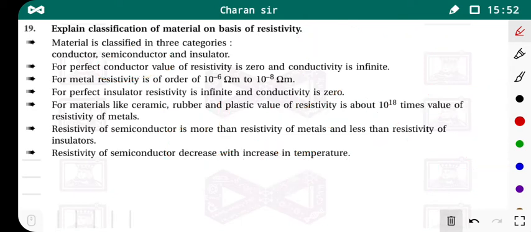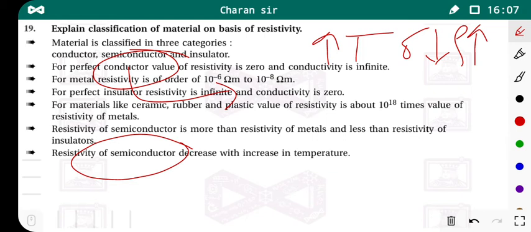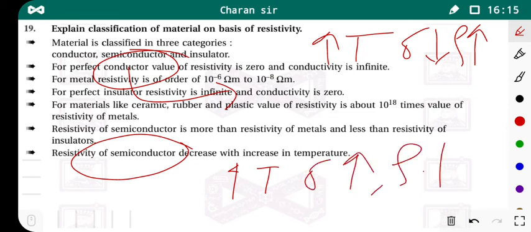In short, for conductors, when we increase the temperature, conductivity decreases and resistivity increases. But for semiconductors, it is the opposite case. When we increase the temperature, the conductivity increases and the resistivity decreases.